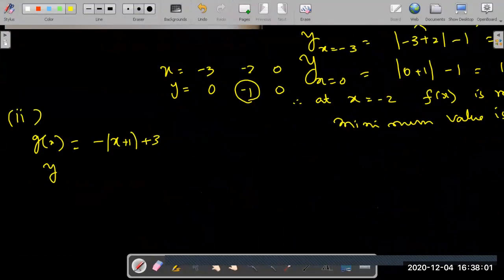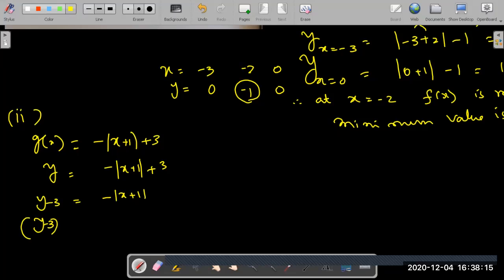So you get y minus 3 equal to minus mod x plus 1. Square it, so you'll have y minus 3 squared equal to x plus 1 squared, the minus goes off.